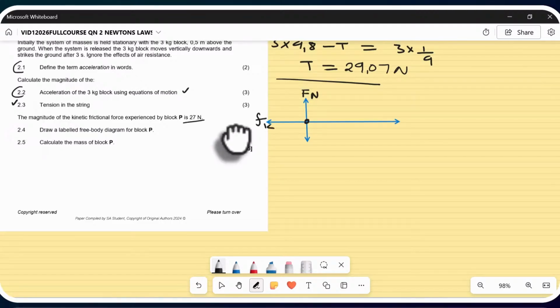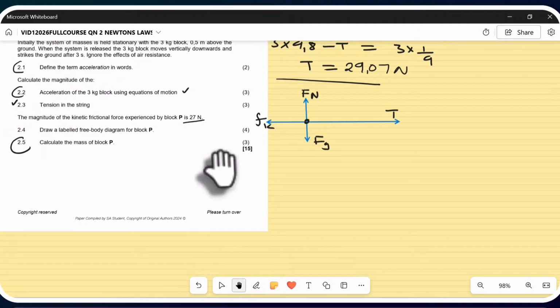So now the tension minus the frictional force Fk should give us MA. Right, guys? Should give us MA.